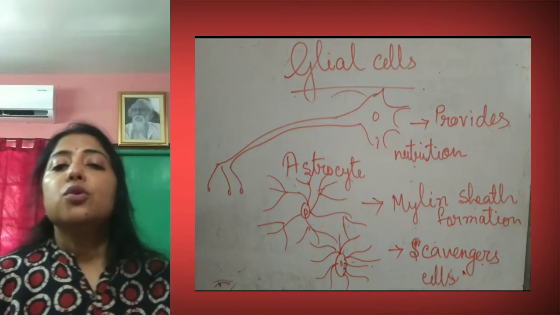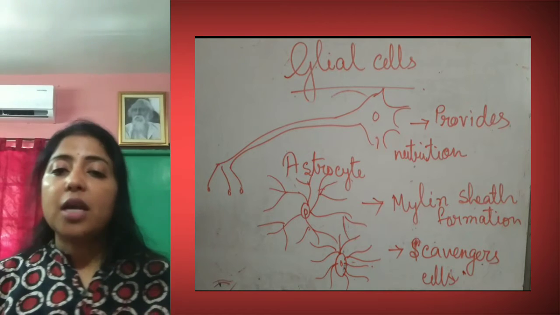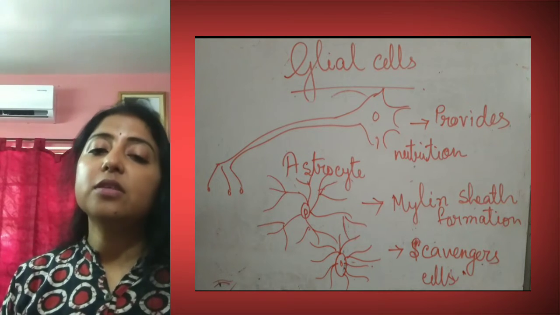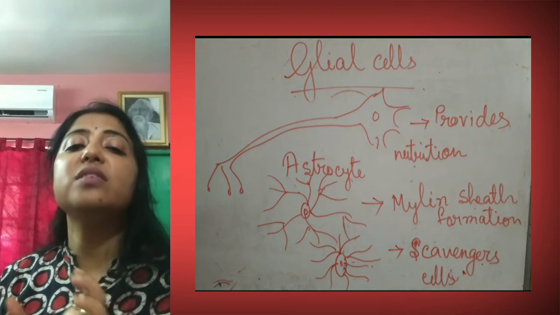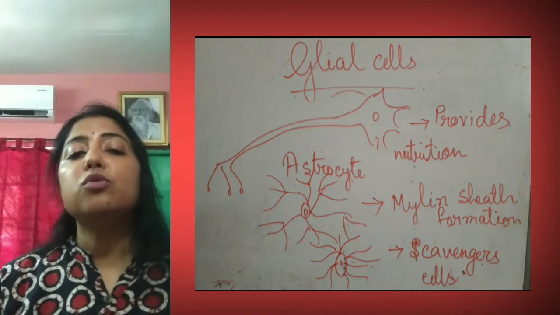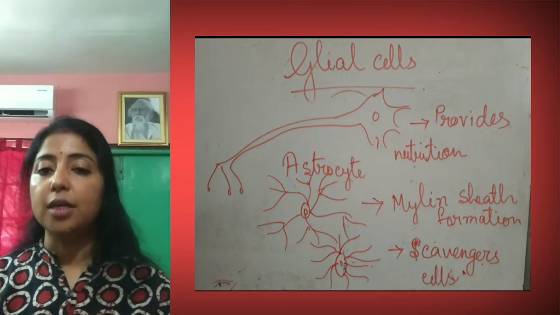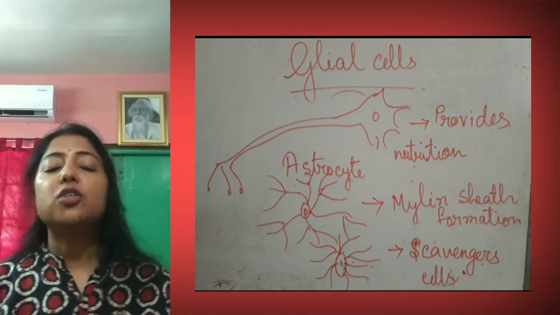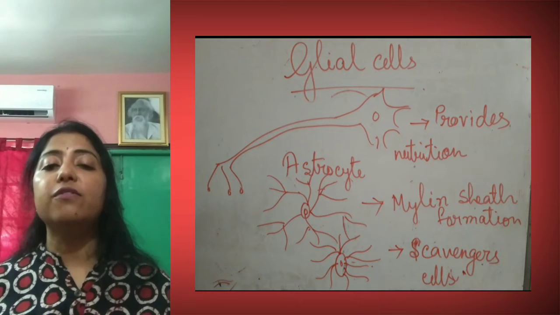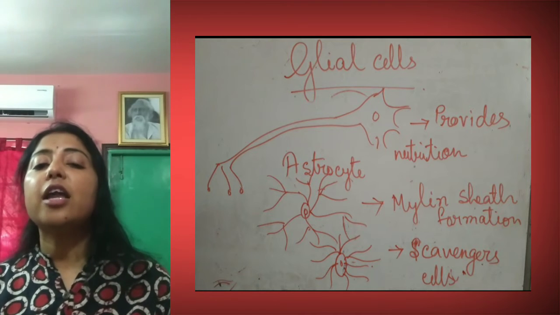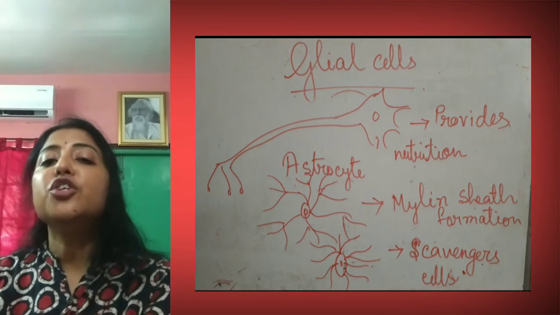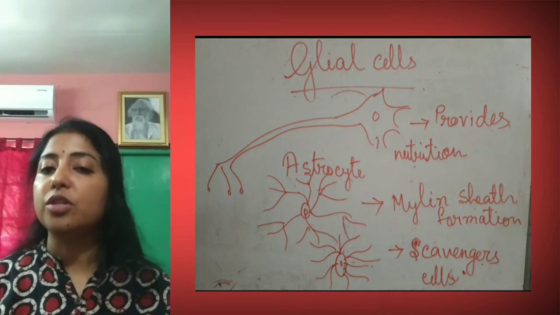Okay. So first, I'm telling you the classification of glial cells. First one is astroglia. Astro means star. That means the first one looks like a star. They are known as astroglia. What is the function of astroglia? They are involved in providing nutrition to the nerve cells or neurons.